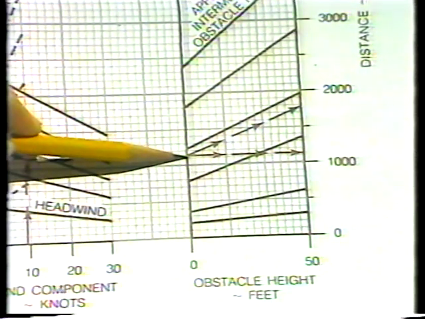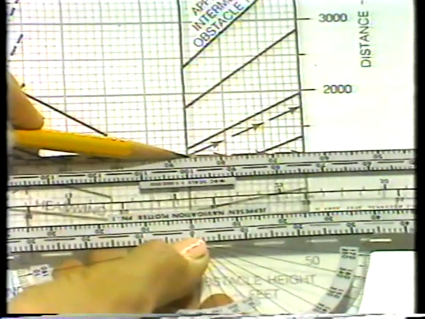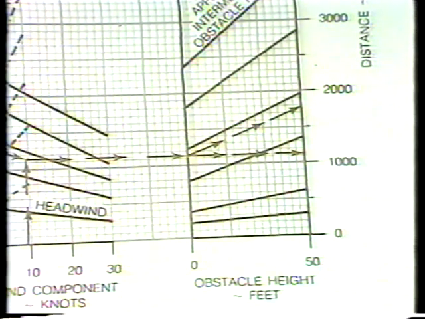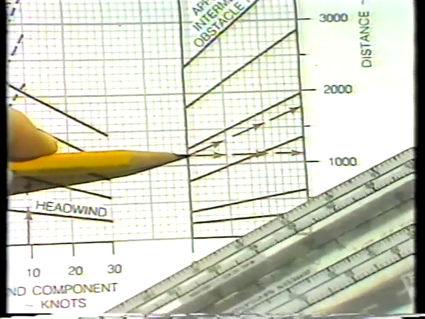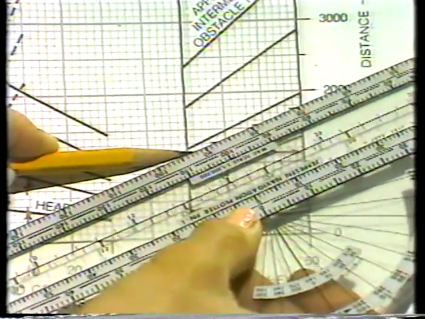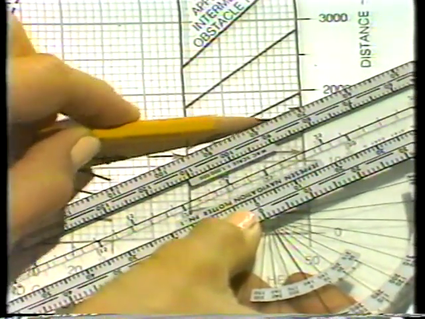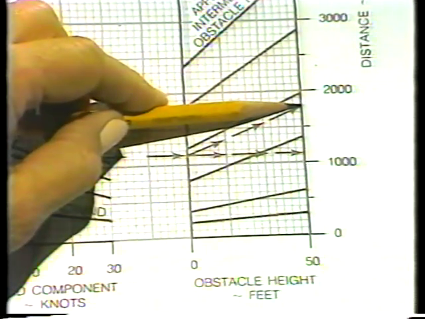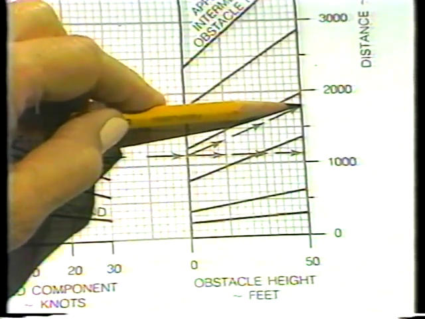If no obstacles, continue horizontally to read the ground run of 1,060 feet. If there are obstacles, parallel the obstacle height diagonal reference lines to the obstacle reference line and read the distance to clear a 50-foot obstacle of 1,750 feet.